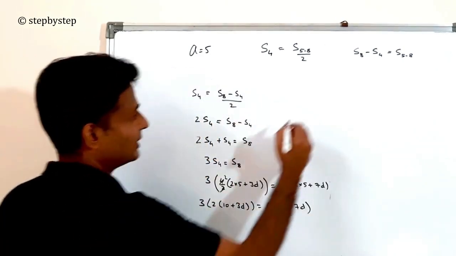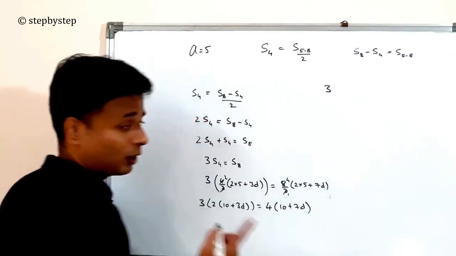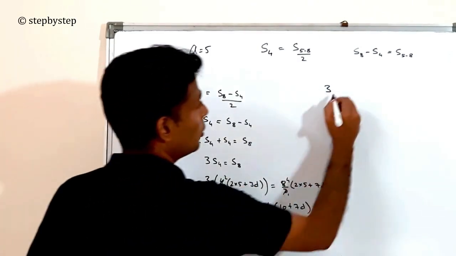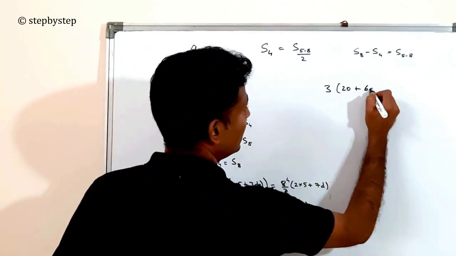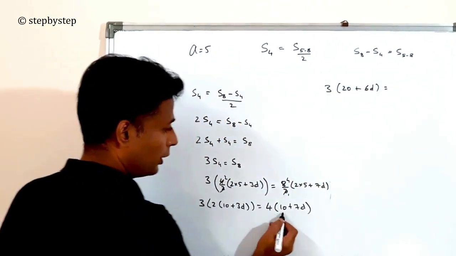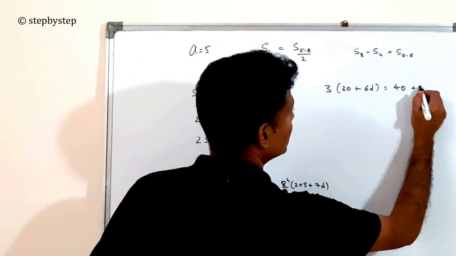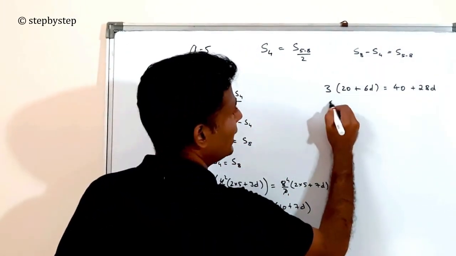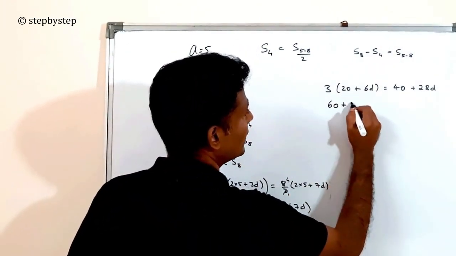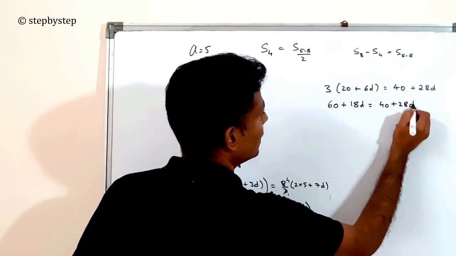Now opening the brackets, I'll open the inner brackets first. We have to follow BODMAS always. So 2 into 10, 20, plus 2 into 3, 6d, equal to 4 into 10, 40, plus 4 sevens are 28, so 28d. Now 3 into 20 is 60 plus 3 into 6, 18d, equal to 40 plus 28d.